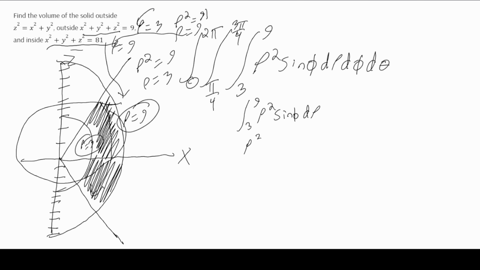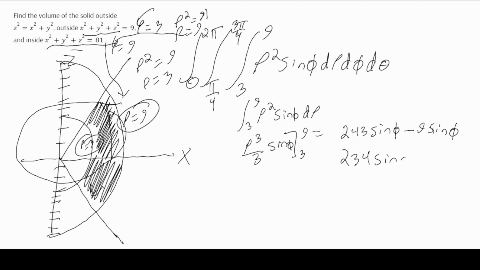This would be rho cubed over 3 times sine phi from 3 to 9, which is 243 sine phi minus 9 sine phi. So 243 minus 9 is 234.